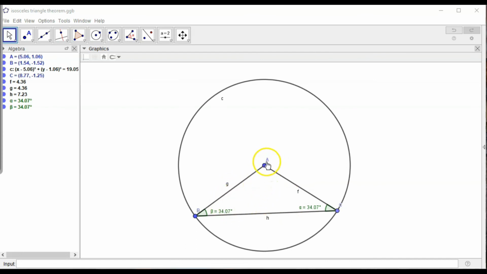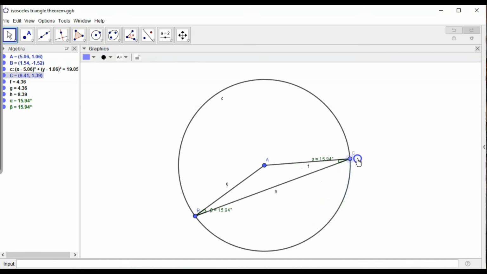I've measured angle ABC, which is 34.07. Likewise, angle ACB is also 34.07 degrees. I can widen it up and the values will change, but when the two values change, it doesn't mean they are different. They are the same, because it gives you the two angles to be equal.